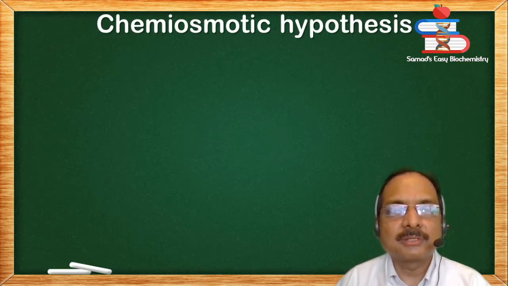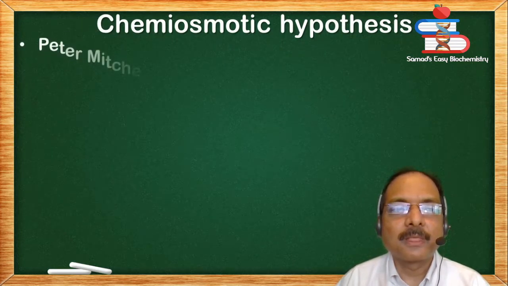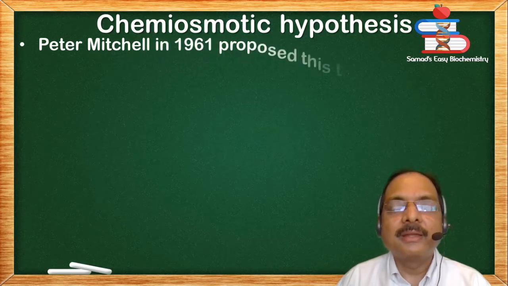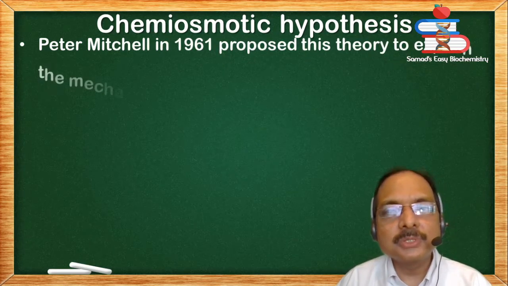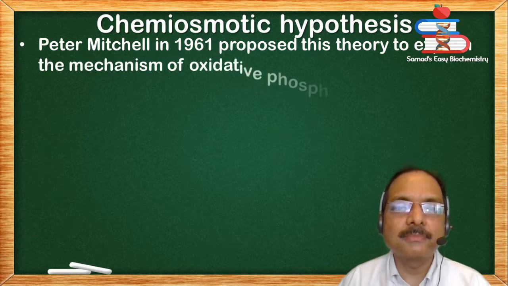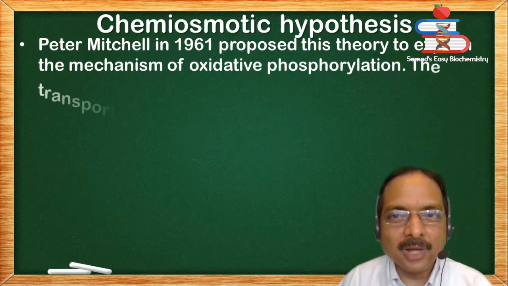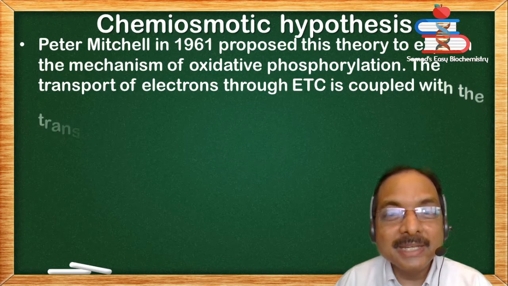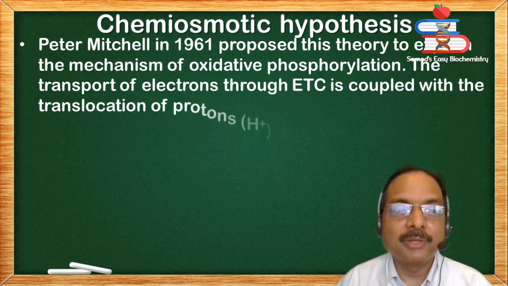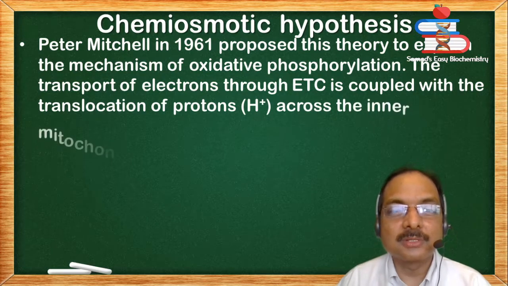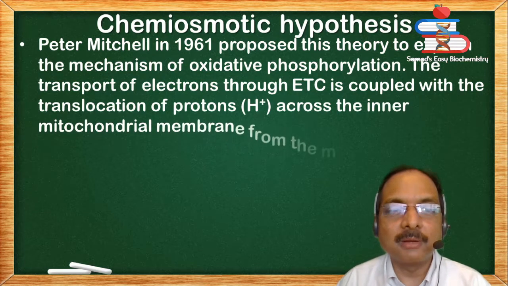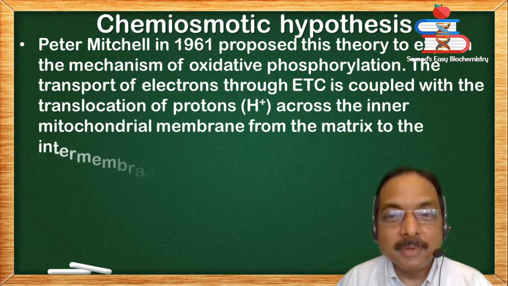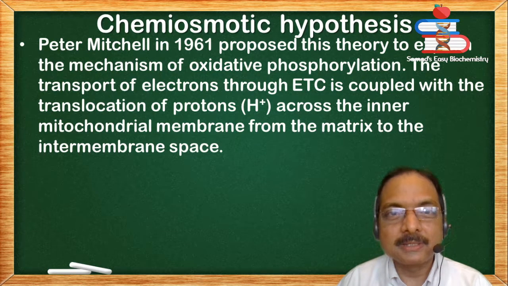Chemiosmotic hypothesis. Peter Mitchell in 1961 proposed this theory to explain the mechanism of oxidative phosphorylation. The transport of electrons through ETC is coupled with the translocation of protons across the inner mitochondrial membrane from the matrix to the intermembrane space.